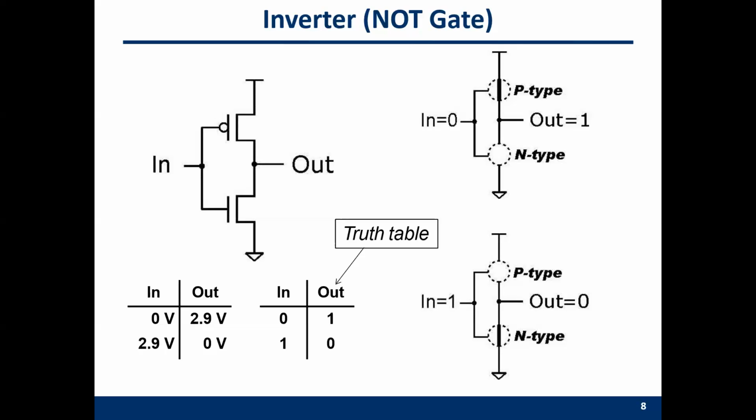If the input is 1, then the NMOS is actually closed, and the PMOS is actually open. So the switch here is closed and the switch here is open. Then this output point is actually connected to the ground, which is a 0. So the output is a 0. This is the inverter function. This is 1, this is 0. So if we apply a 0 here, then the NMOS is open and PMOS is closed.